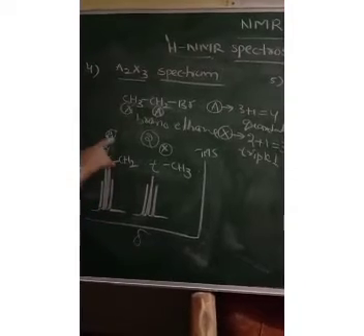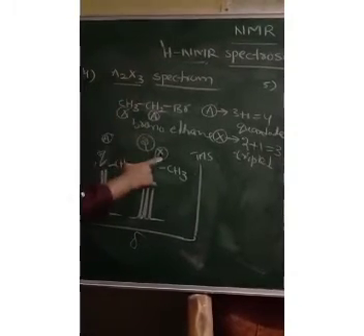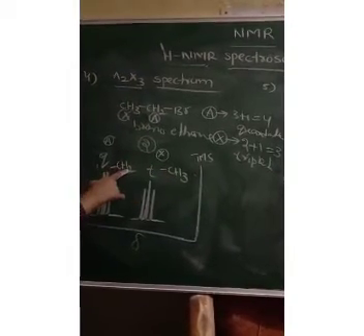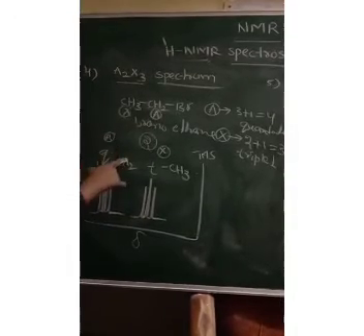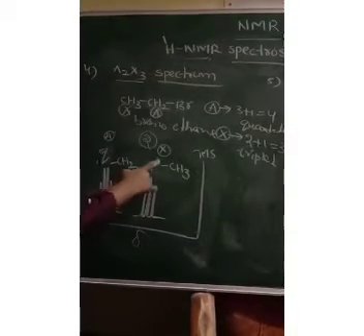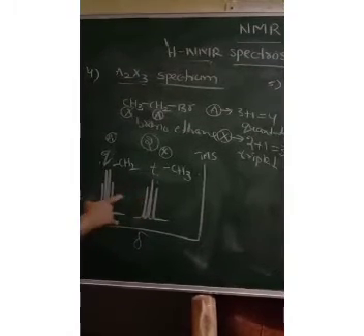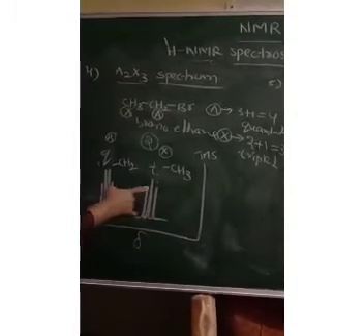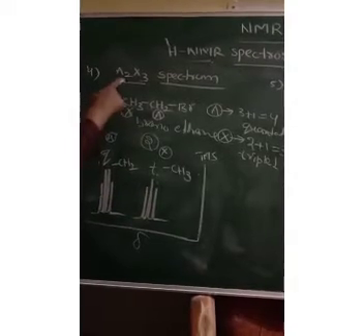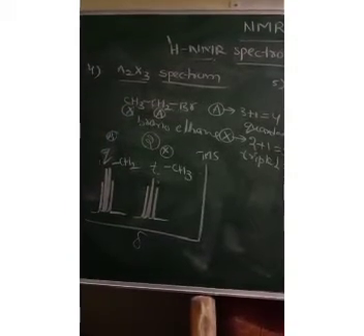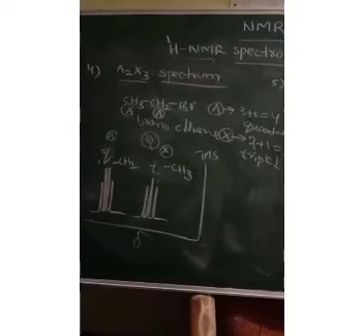So completely A2 and X3: the A type of proton gives a quartet and the X type of proton gives a triplet. Hence the spectrum is an A2X3 type of spectrum, and the example is bromoethane.